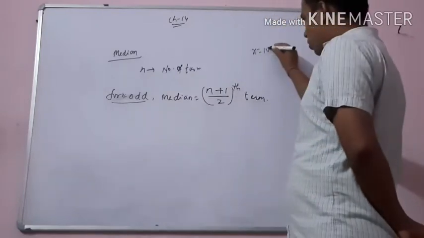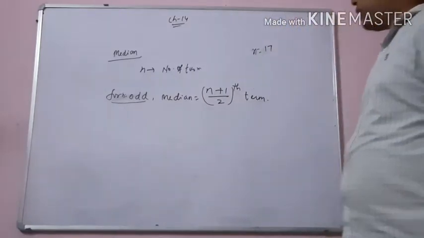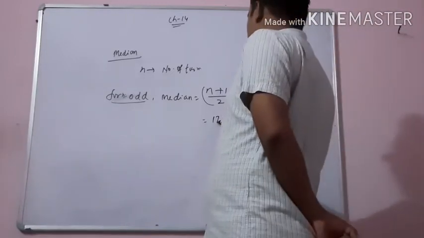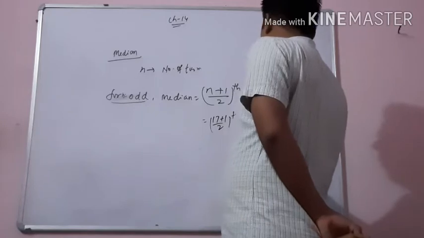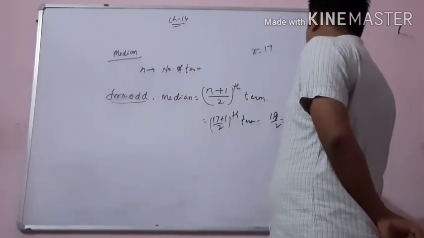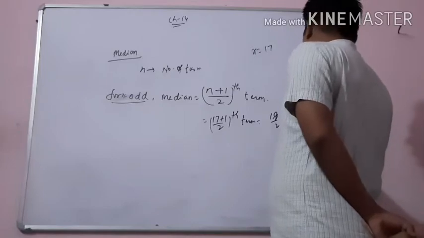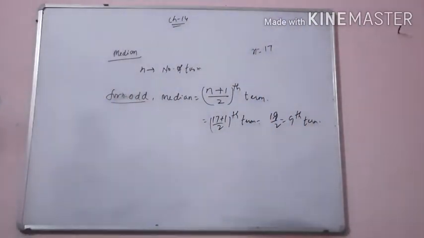Suppose n equals 17. Then median will be the (17 plus 1) upon 2 term, that is 18 upon 2, that is the 9th term of the data will be the median.